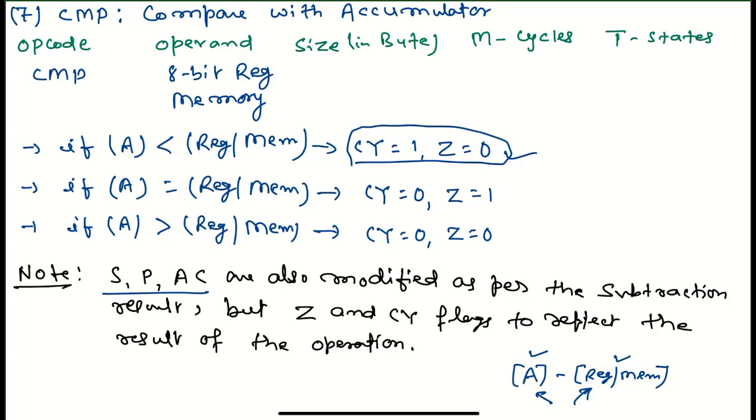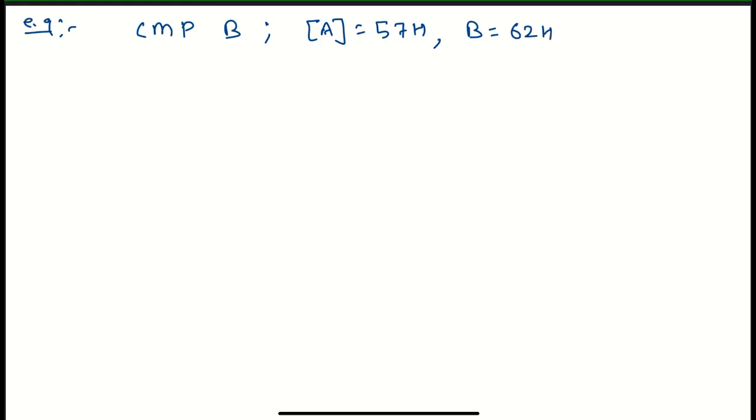numbers. So let's say, for example, I am taking the instruction CMP B. Before going to execution of this instruction, let's assume that the accumulator content is 57H and the B register content is 62H.